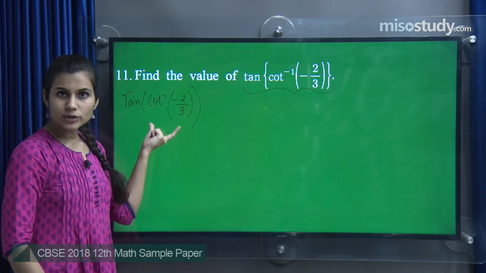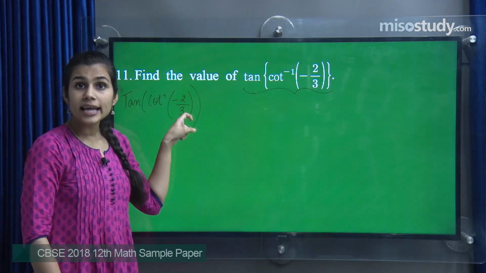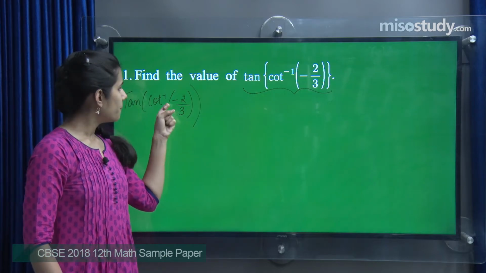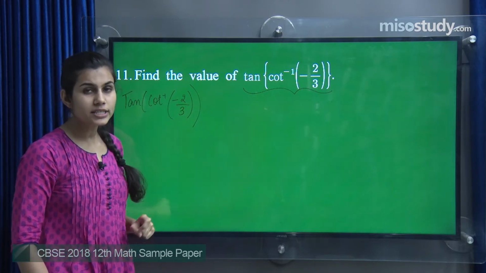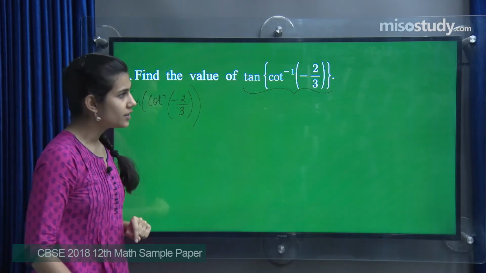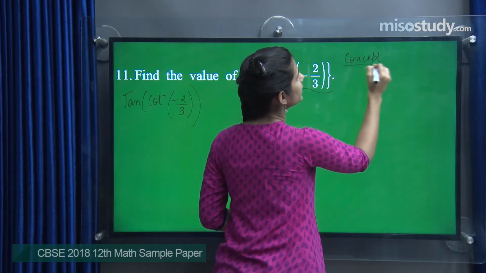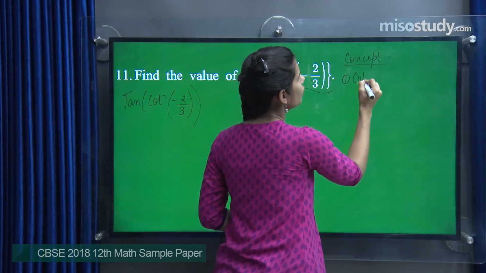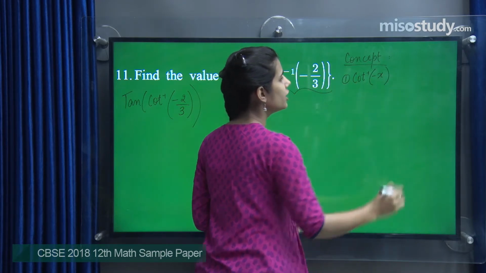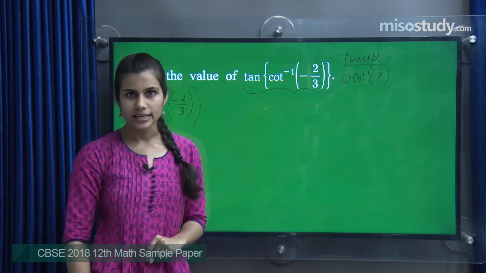The first thing that you can see is cot inverse of a negative term is given to you. Now minus is there, so 2 by 3 is positive, minus 2 by 3 is negative. The very concept which will be used over here is the formula for cot inverse of minus x.